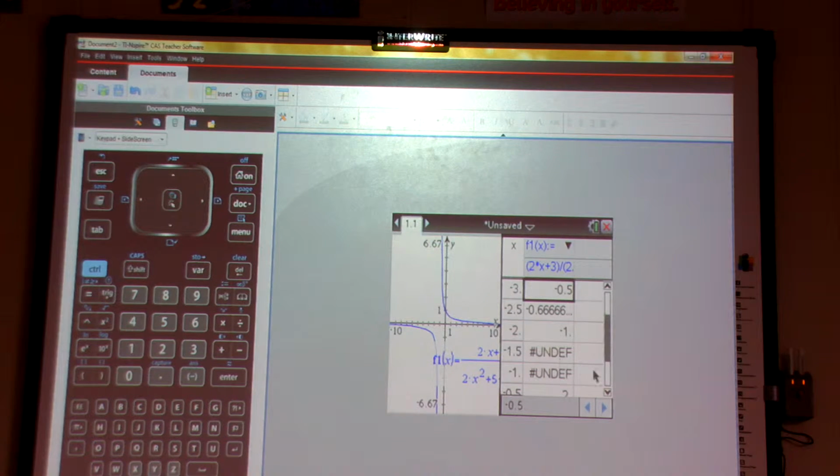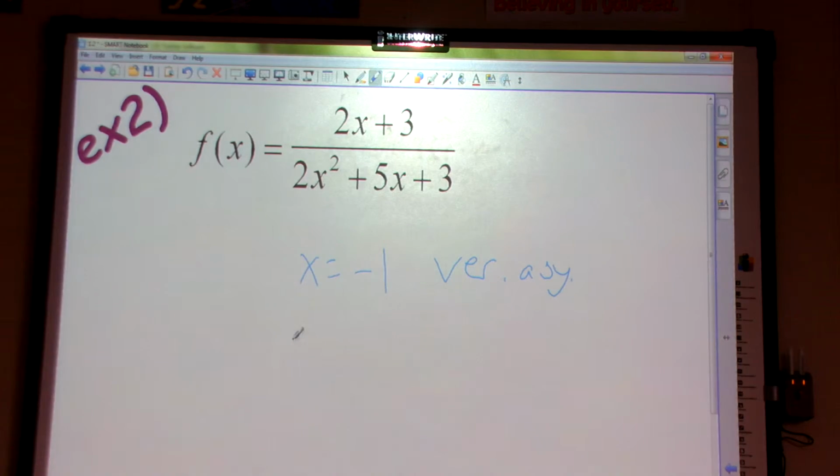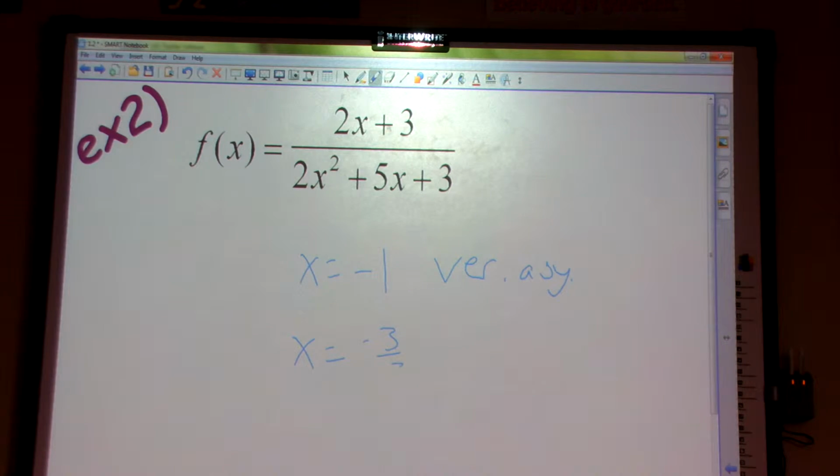Oh, look at that. Yeah, I know there's a vertical asymptote of -1, but at -3/2, it's undefined there too. So it looks like at x equals -3/2, I have a hole. You should start to see the problem with this method of using technology.